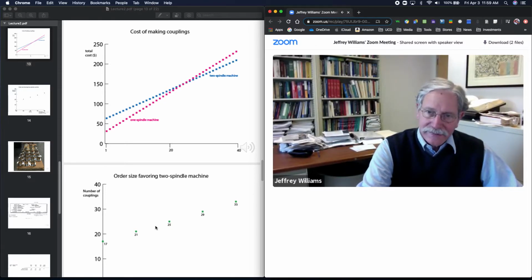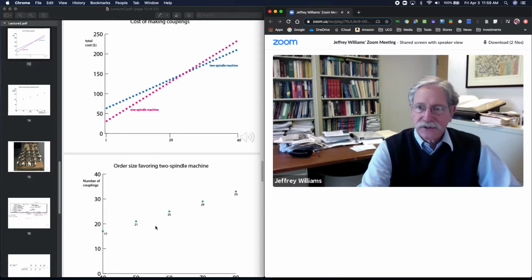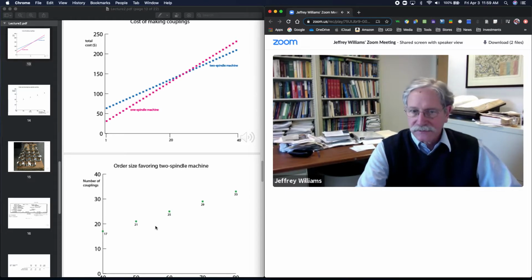It is a constant marginal cost, lower for the two-spindle machine than for the one-spindle machine, which is to say those lines have different slopes. You've also been well trained to take average costs, which is dividing the total cost by the number of the machines. You could do it at 10 or 20 and so forth.